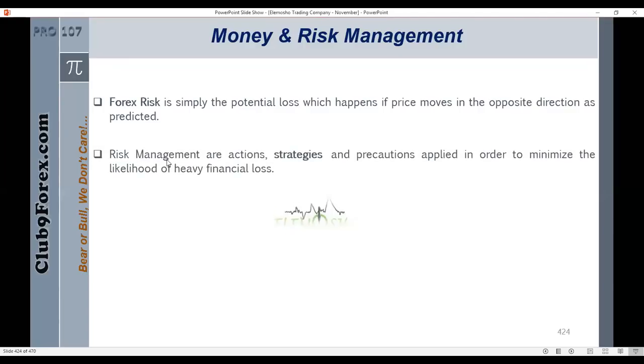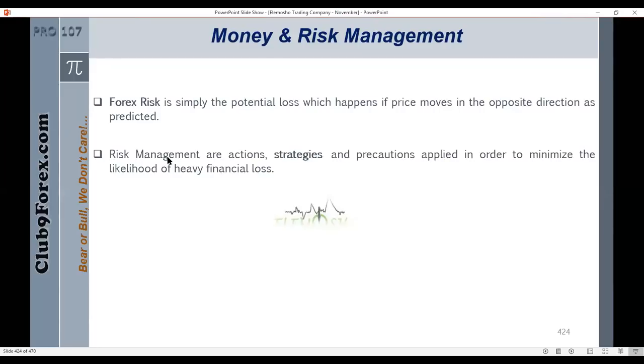Now, risk management is the actions, strategies and precautions you apply in order to minimize the likelihood of any financial loss. So this is a broad definition of risk management.